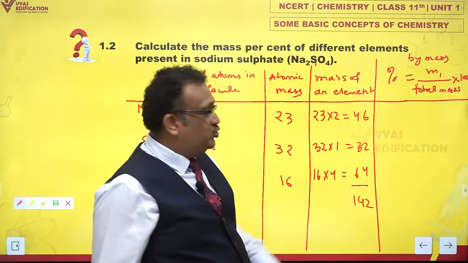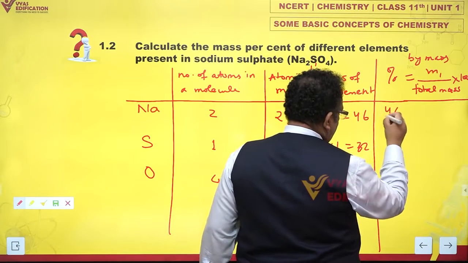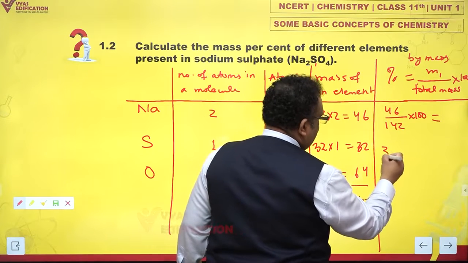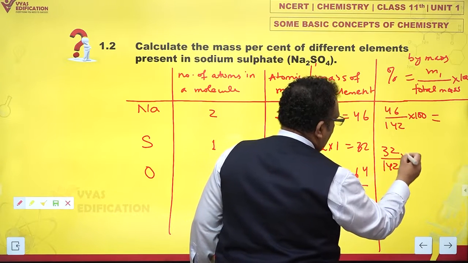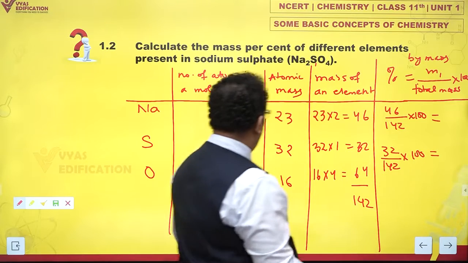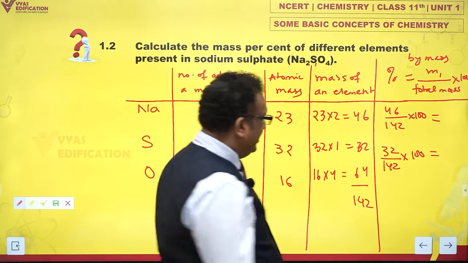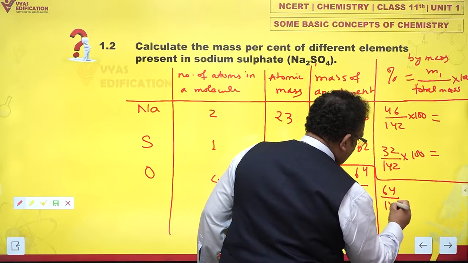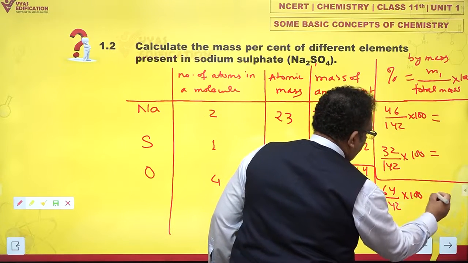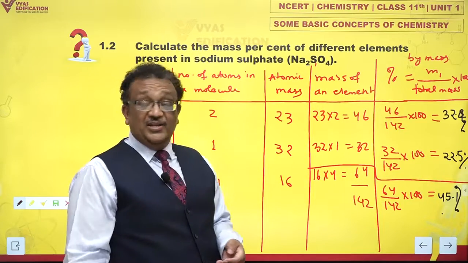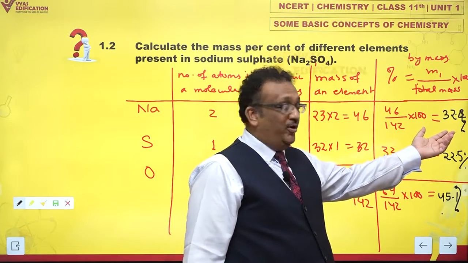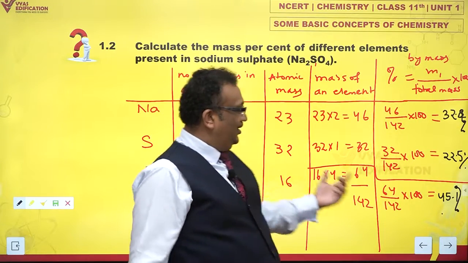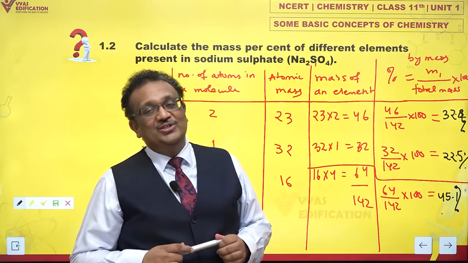The percentage by mass of sodium is 46 by 142 into 100. 32 upon 142 into 100 is percentage by mass of sulfur, and percentage by mass of oxygen would be 64 by 142 into 100. Oh wow. And as I calculate, I get around 32.4% sodium, 22.5% sulfur and 45.1% oxygen.